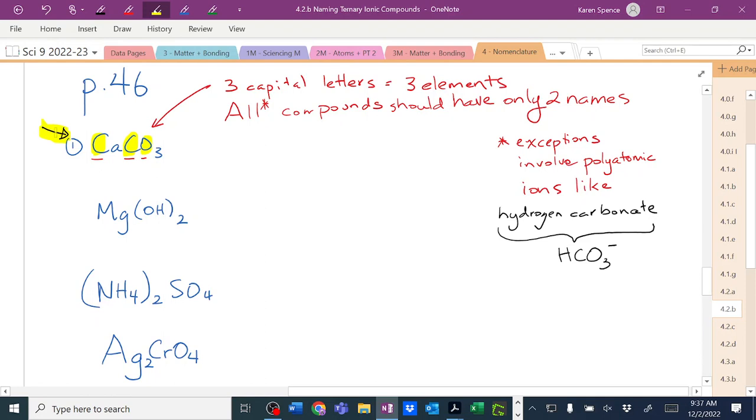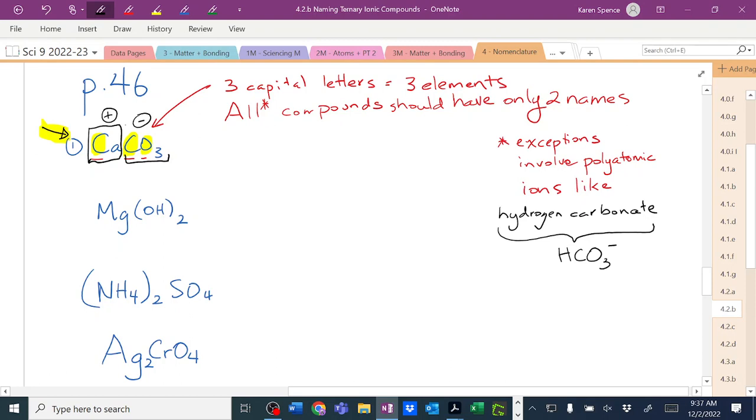What's the last letter of the first ion? A, because we have Ca. That is our positive ion. That means that if we only have 2 things to name, everything else has to be the negative ion.